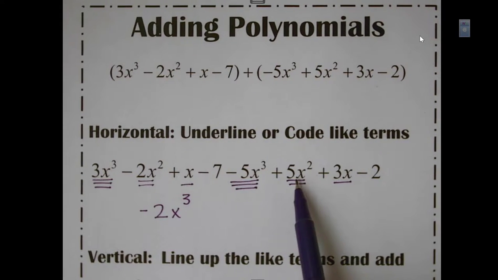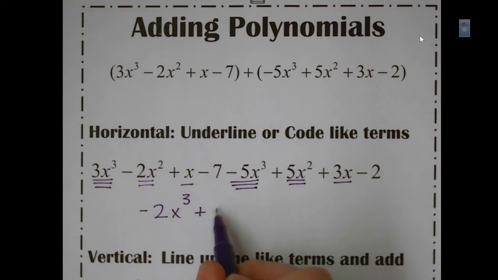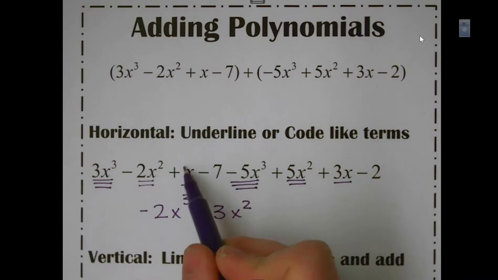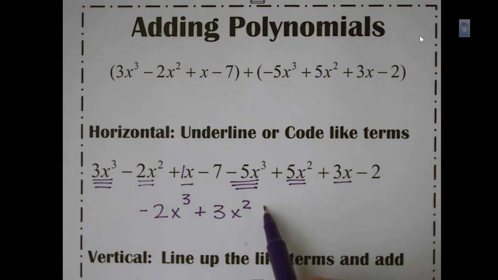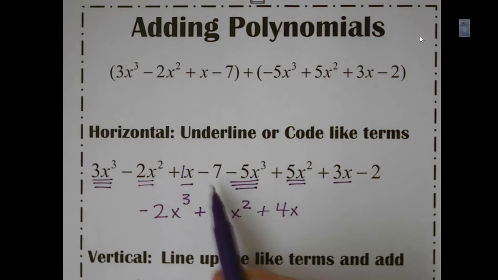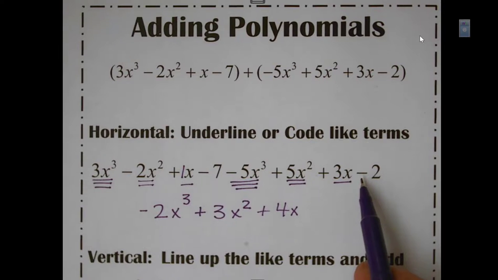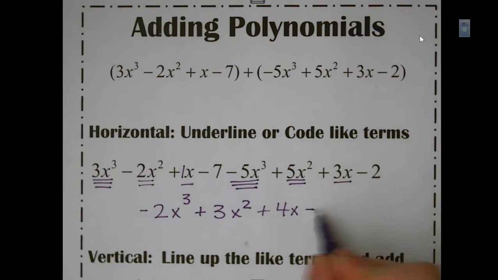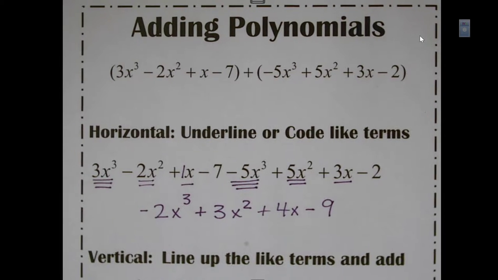I'm going to subtract. 5 minus 2 is 3 plus 3x squared. Remember, I have my invisible 1. 1x plus 3x is 4x. And then my constant is -7 minus 2. Same sign. We add them together. Sign stays the same. 7 plus 2 is 9. Sign stays the same. -9.